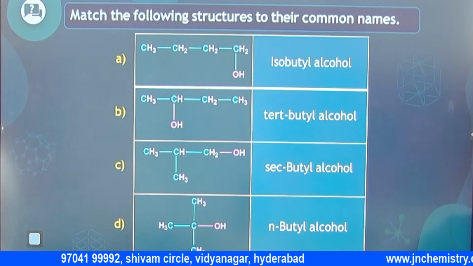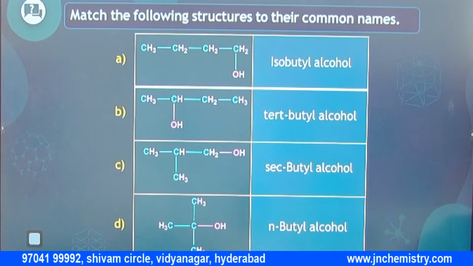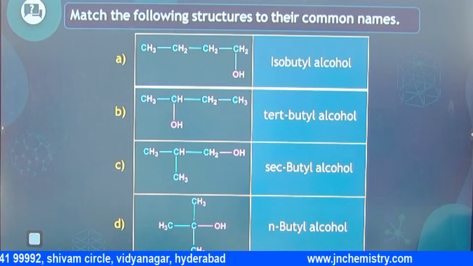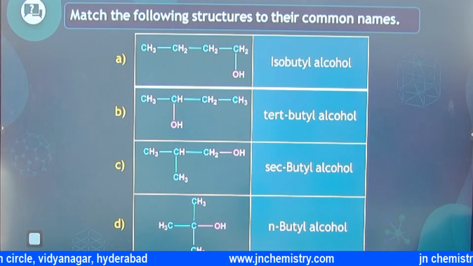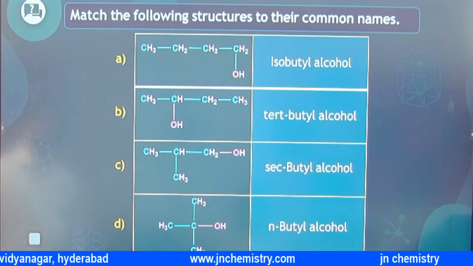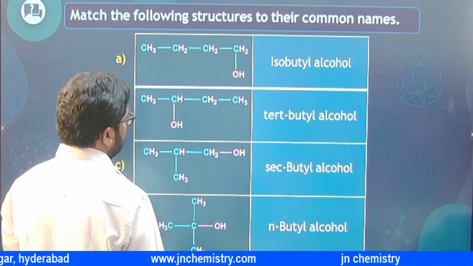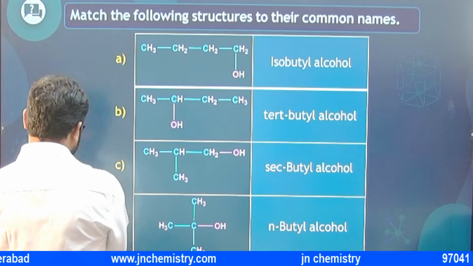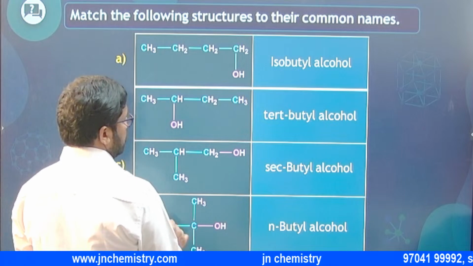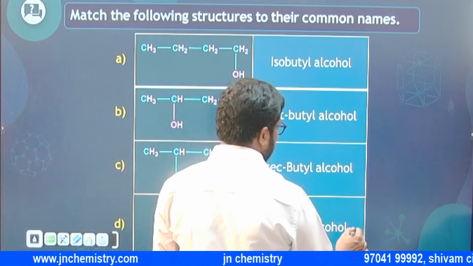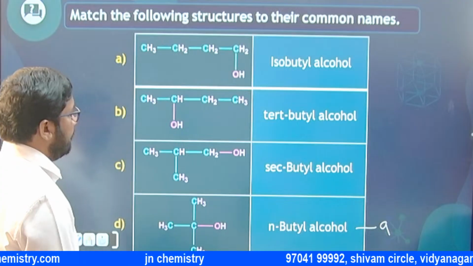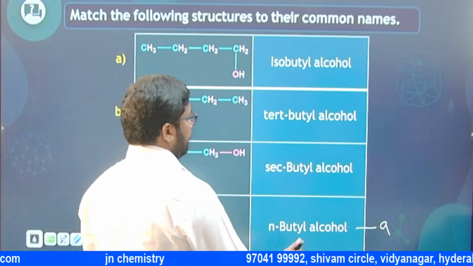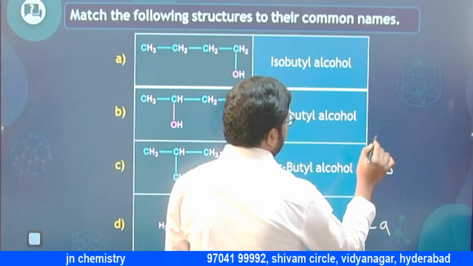First one, butyl alcohol. Correct, this is A. Next, butyl alcohol, okay, this is B. Good.